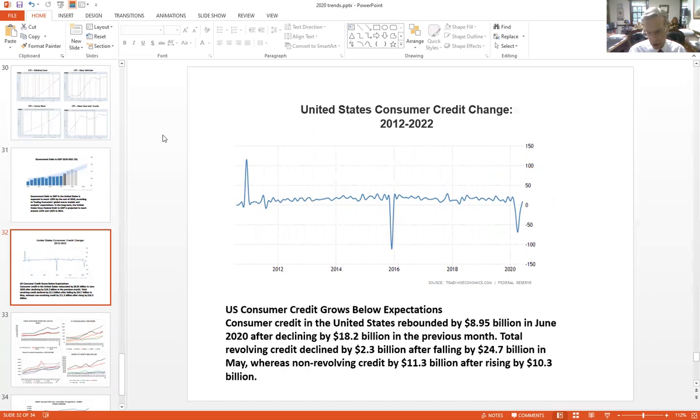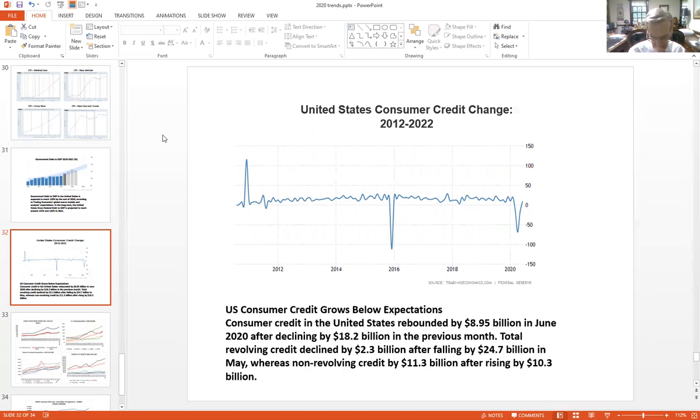Here is a change in consumer credit. This chart probably also belongs up a lot higher. But the consumer credit, of course, dropped a lot when the coronavirus hit, but it has picked back up.